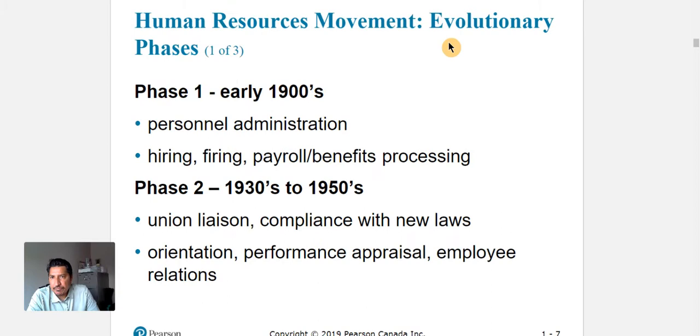Evolutionary phases. There are three phases. First phase, early 1900s, where personnel administration was a key thing: hiring, firing, payroll, benefits processing. Now, in phase two, 1930s to 1950s, union liaison, unions were involved, which talk about employees' benefits, compliance with new laws, orientation, performance appraisal, employee relations.